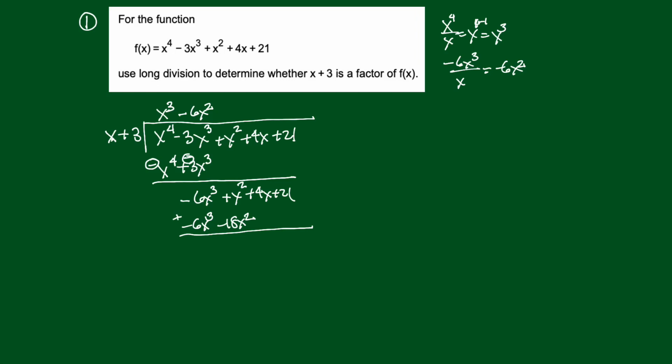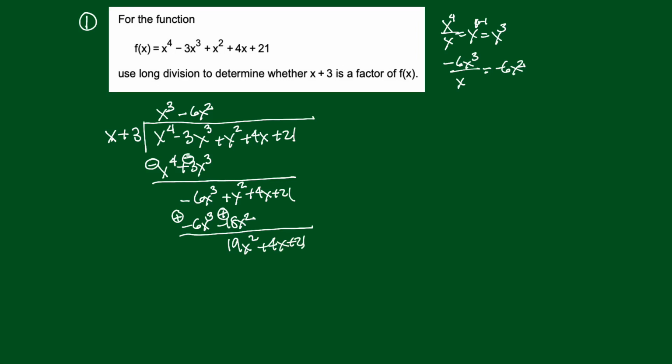So when you subtract, you're going to change all these signs. I'll put circles around them to remind myself that I've done it. And now subtract. Negative 6x cubed plus 6x cubed is 0. And then I get x squared plus 18x squared is 19x squared. There's the multiply and the subtract. Bring down plus 4x plus 21.